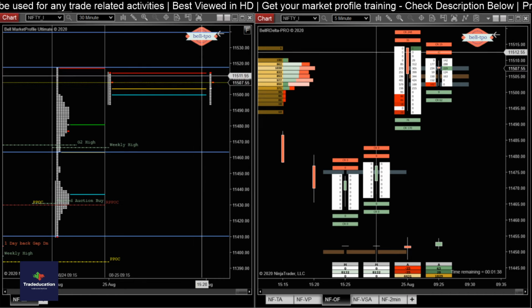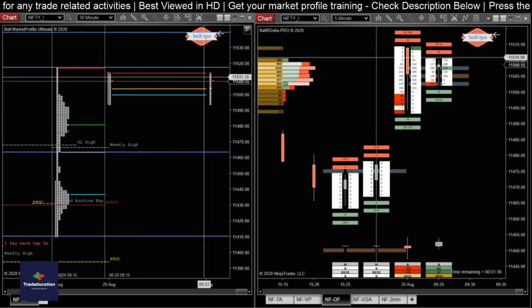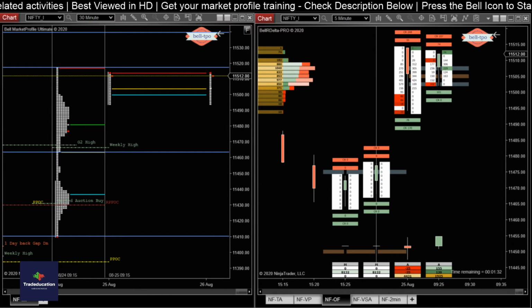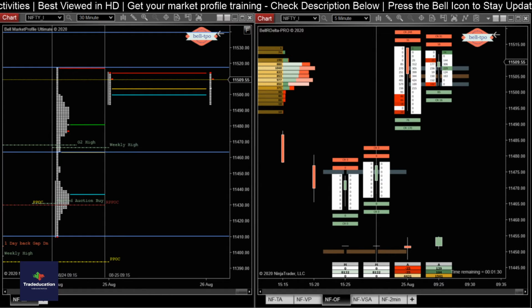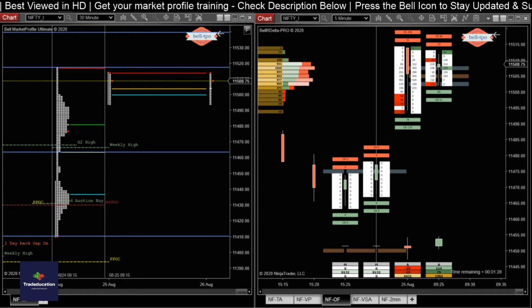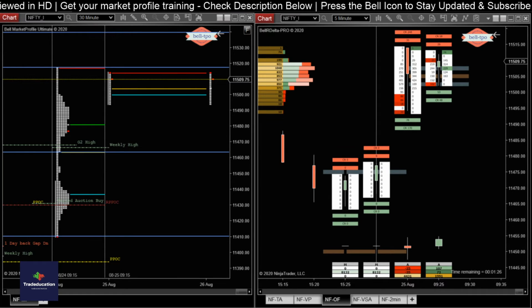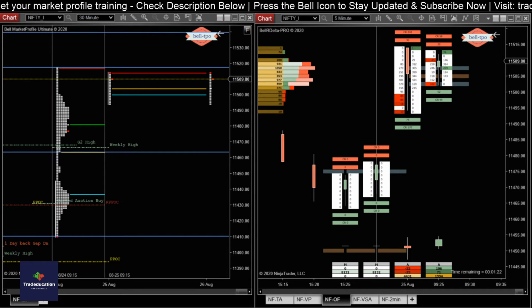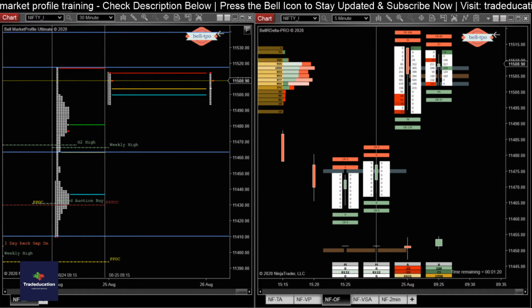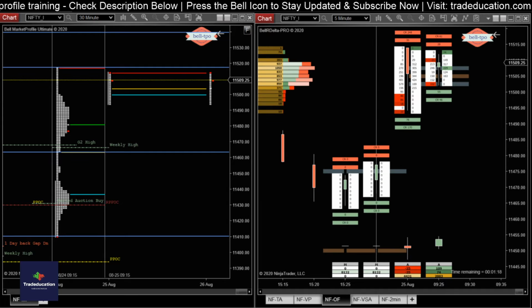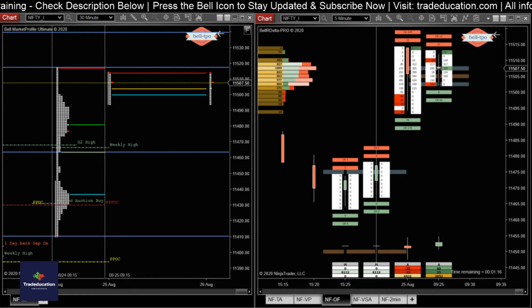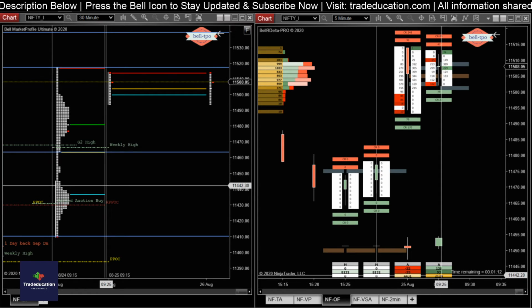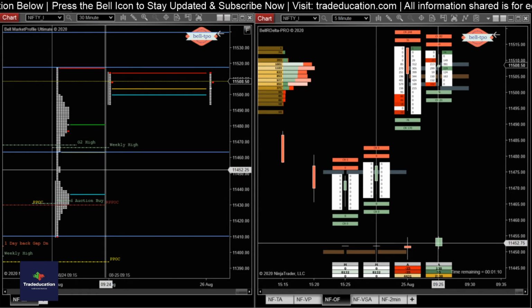Okay, so it's just trading around the highs within the supply zone. So delta is turning positive, but only 2000 contracts, 1 minute to go.